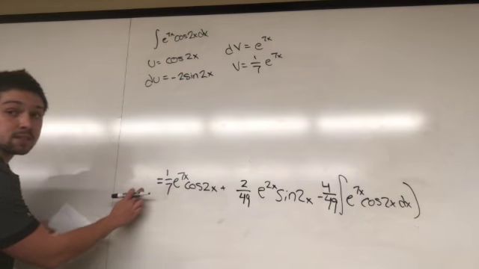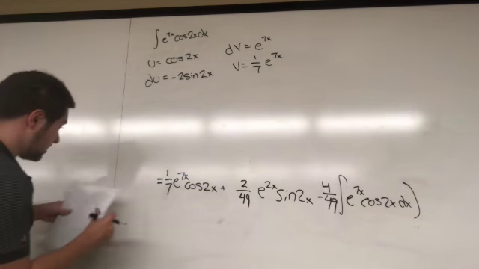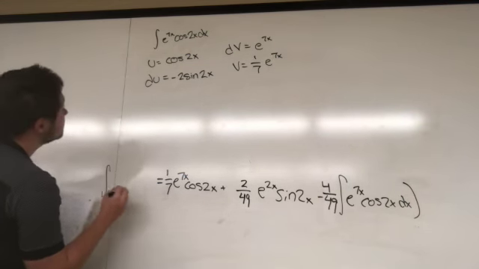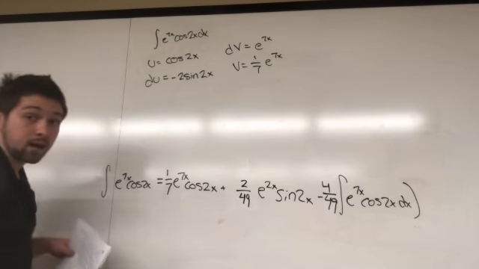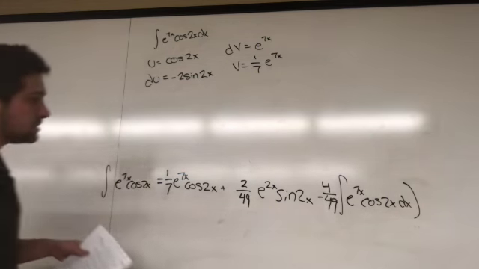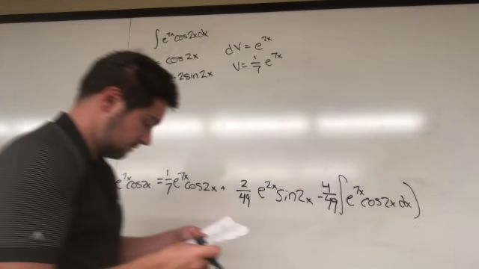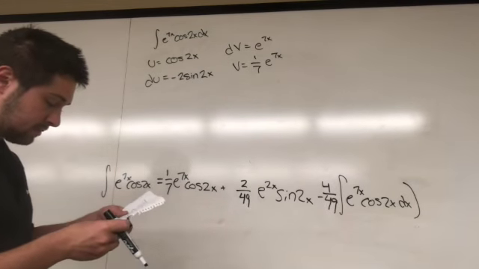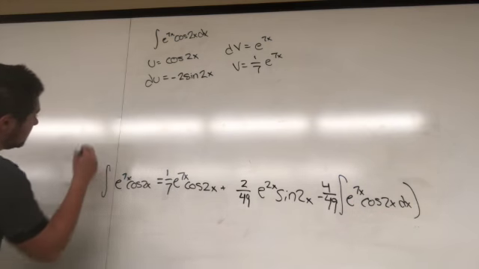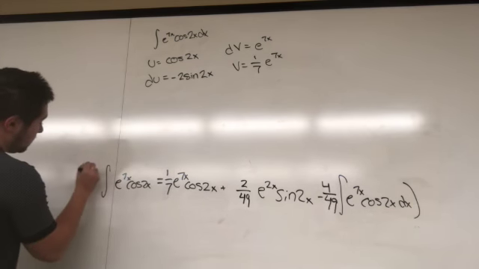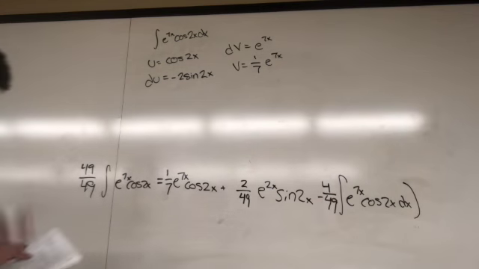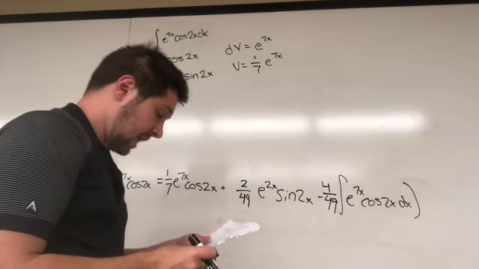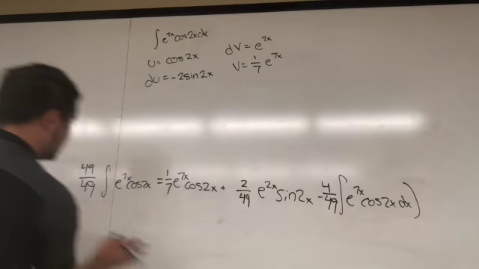Well, remember, this entire problem is still equal to the integral of e to the 7x cosine 2x. With that in mind, we want to get rid of that, so you multiply both sides. Multiply this side over here by 49 over 49, so you're basically multiplying it by 1. And then you simply add this over.